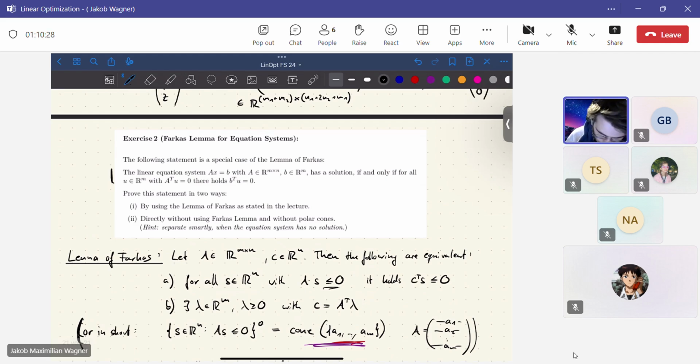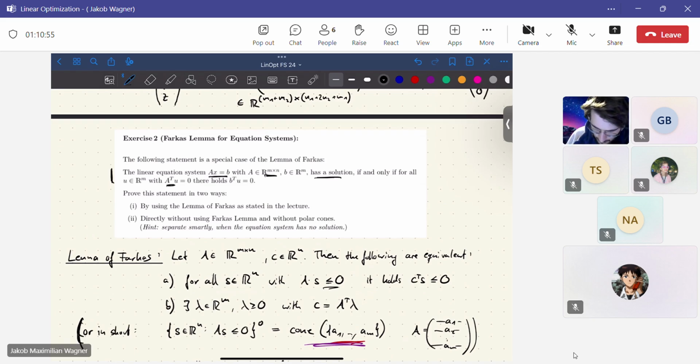So we say that a linear equation system Ax is equal to b, where A is some rectangular matrix. So we might have one solution or multiple solutions or no solutions at all. And we can characterize the fact that this has a solution by, again, a condition on A transpose.